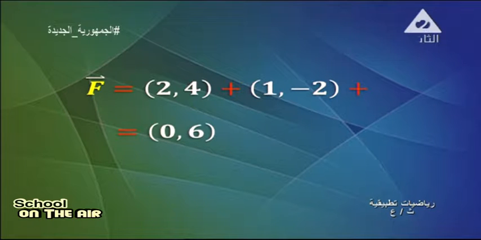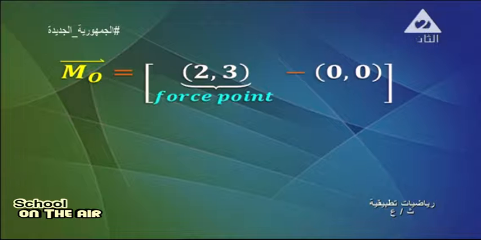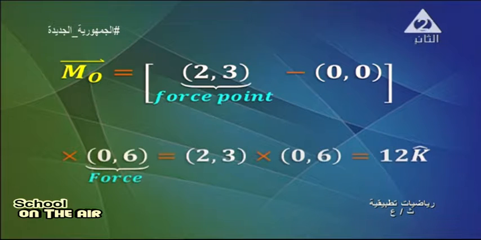We have the sum of the 3 forces equals (0, 6). The moment about O equals the force at point (2, 3), or R cross F, cross (0, 6). This moment, (2, 3) cross (0, 6), equals 12k.